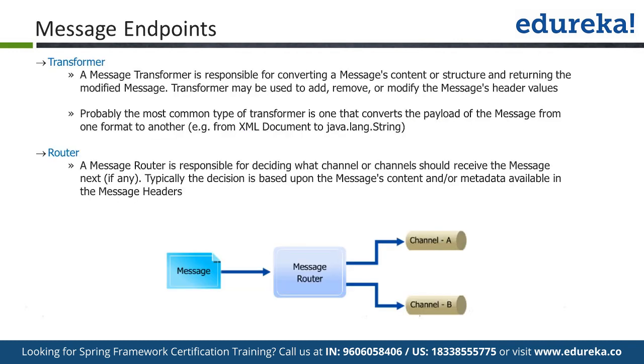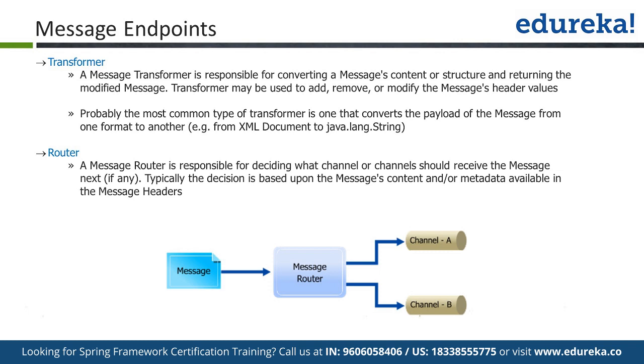Some other message endpoints are transformer and router. As the name implies, transformer is used to transform your incoming messages into something else. For example, a message transformer is responsible for converting a message's content or structure and returning the modified message. Transformer may be used to add, remove, or modify the message's header values.